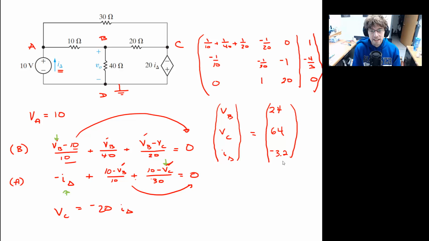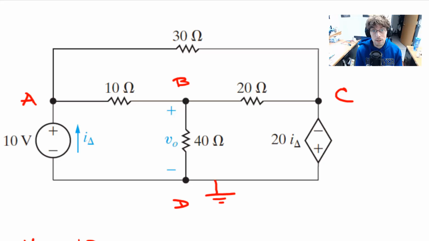So this negative I delta gave me pause for a few minutes, and then I realized what's going on here is that even though we took I delta to originally be running into node A, as indicated by the problem, in reality, it's actually running away from node A. So that's hence the negative sign.